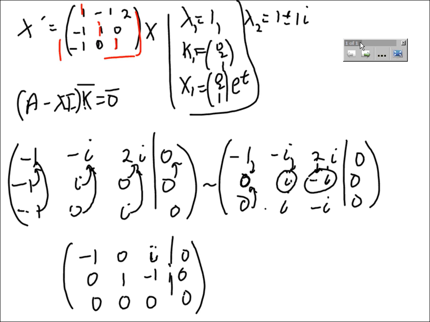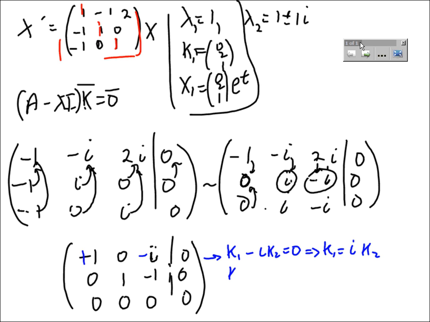Nice and quick. Now, for row 1, I'm going to multiply by negative 1. So I just get that. What I get is k1 minus i times k2 is 0. That means k1 is i times k2. Let k2 be, say, 1, then k1 is equal to i times 1.